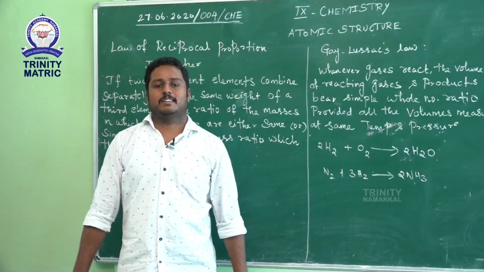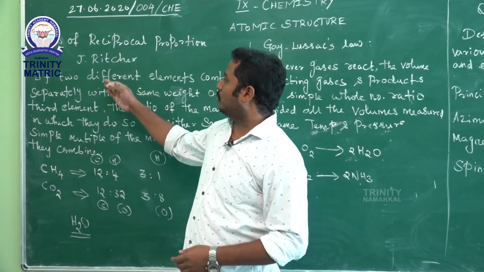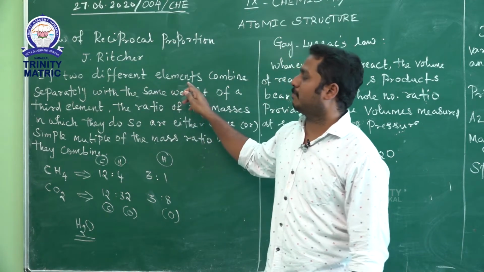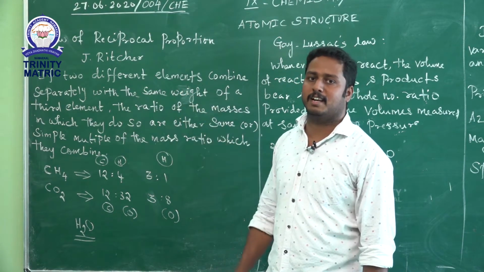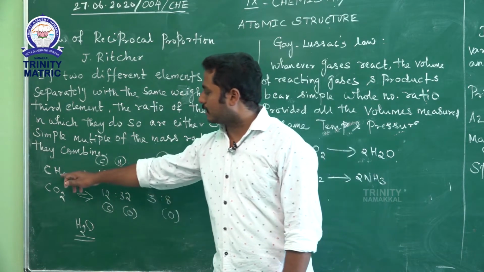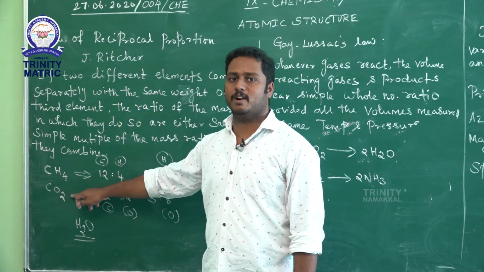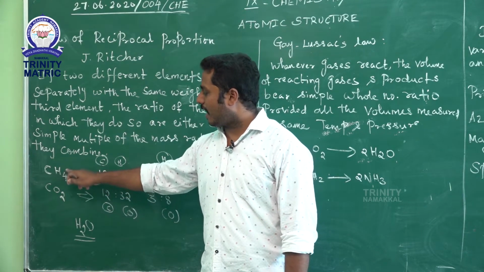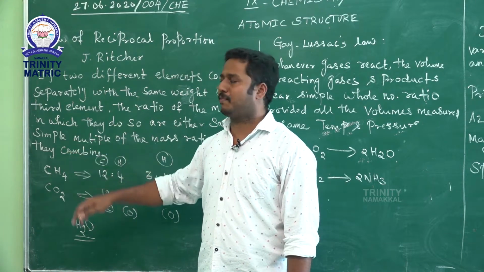So, next topic, the law of reciprocal proportions. The law is proposed by J. Richter. If two different elements combine separately with the same weight of a third element, just assume the example here, CH4 is methane and CO2 is carbon dioxide. In this case, hydrogen and oxygen are considered to be the two different elements.